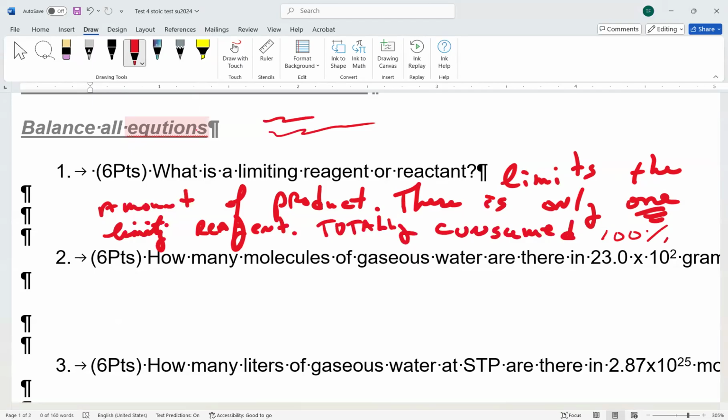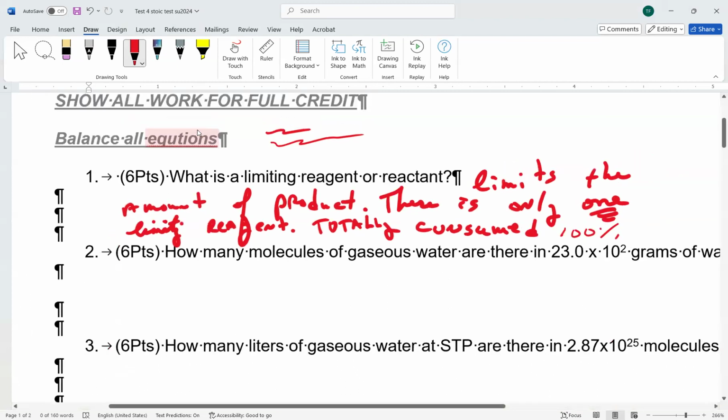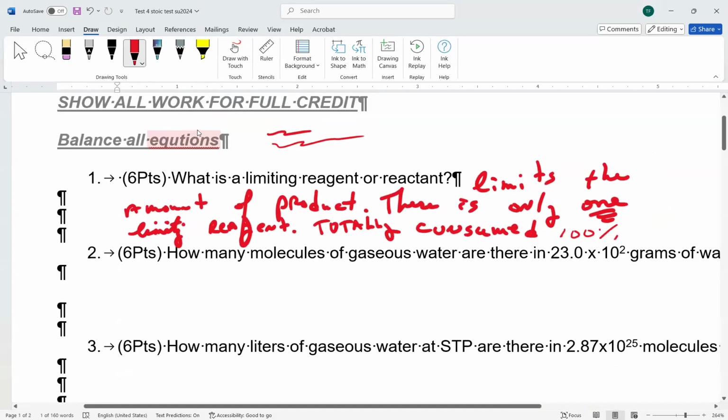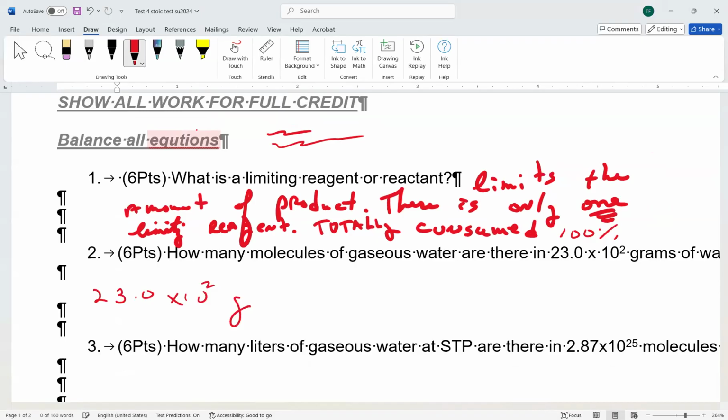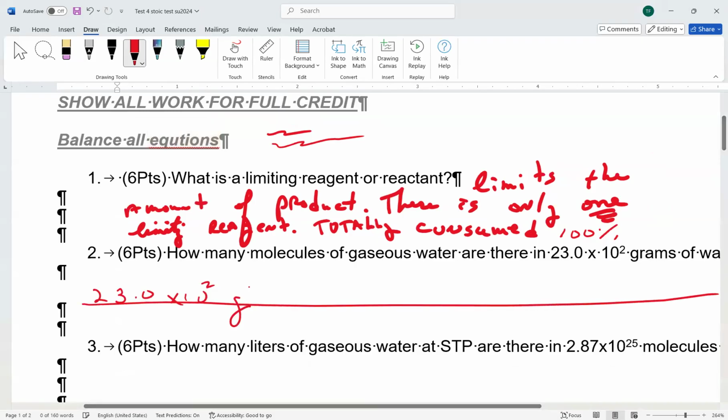Okay, how many molecules of gaseous water are there in 23.0 times 10 squared grams of water? And we're never asked how many. Think of Avogadro's number. Okay, so we set up the given, 23. So first step, convert to moles.